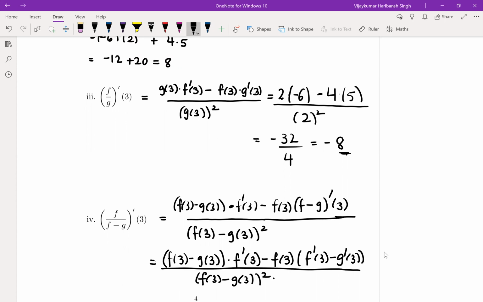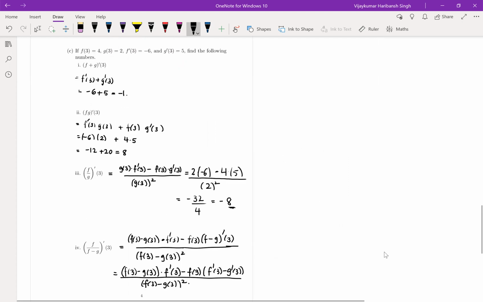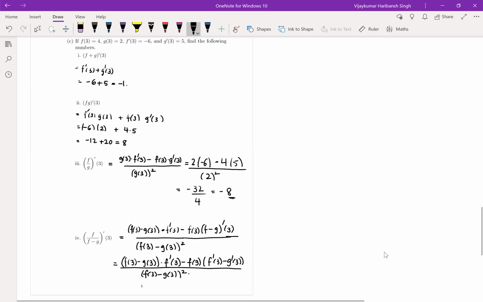Now let's plug in the values. What are the values? The values are f of 3 is 4. So this is going to be 4 minus g of 3 is 2. So this square.